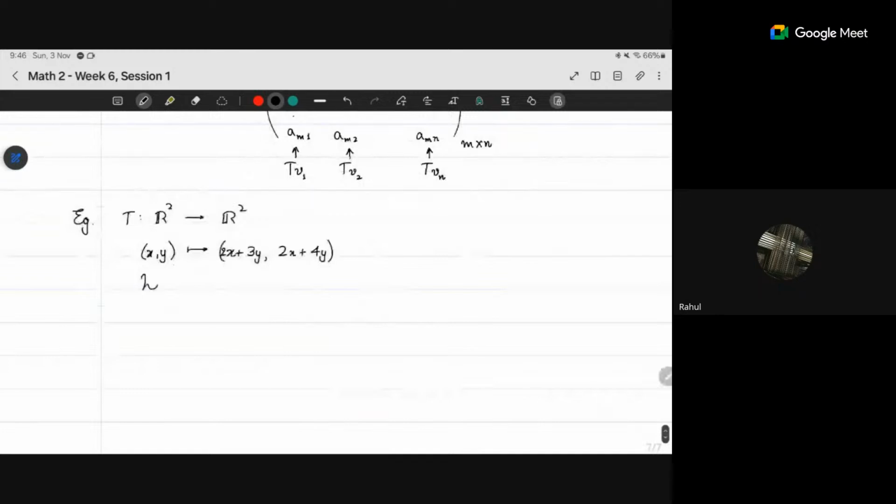So, with the standard basis, T of 1, 0 was 2, 2. And T of 0, 1 was 3, 4, right?